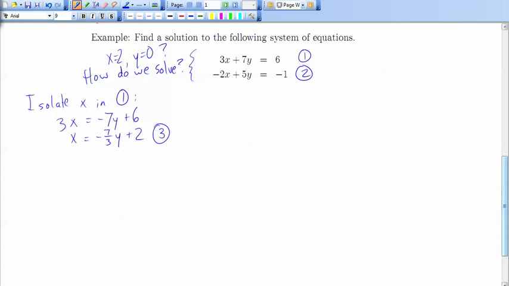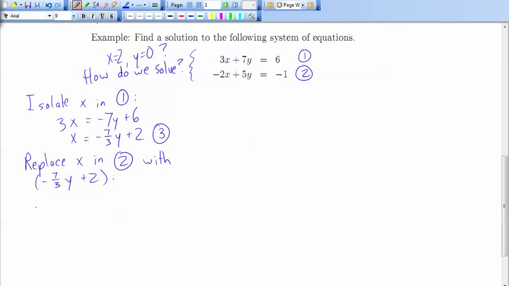Now from here, I've found an expression for x that involves only y. So I'm going to substitute, in equation 2, the only equation I haven't touched yet, x with negative 7/3 y plus 2. So what do I get?